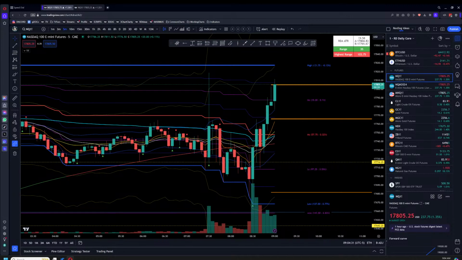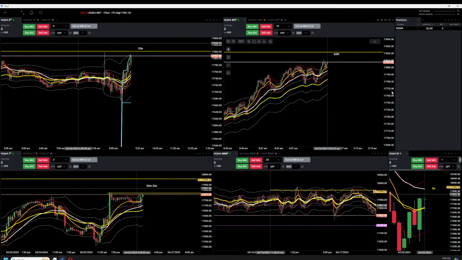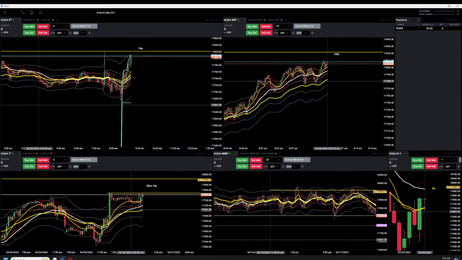I was right that it was going to rip up there, but sorry, I'm not showing the chart. I got out at the daily open. Not bad, 20 some odd K profit.